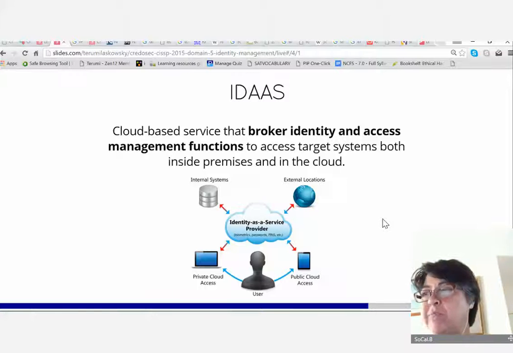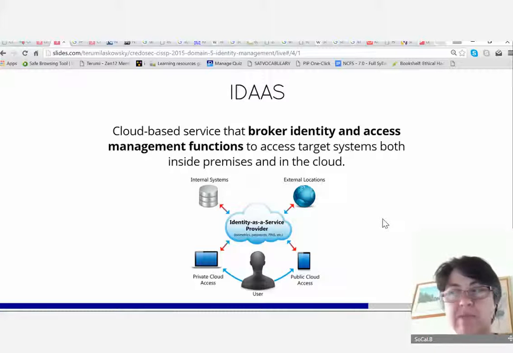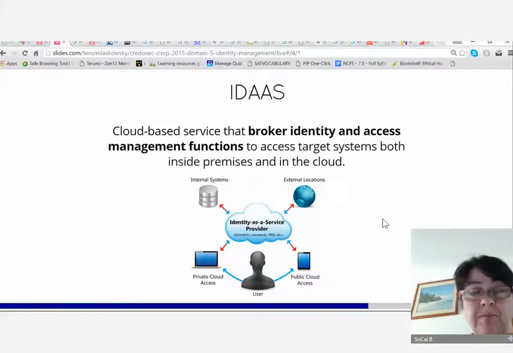So an identity as a service provider will handle biometrics, passwords, PINs, whatever, right? Whatever identity or factors you want to use, it will handle it. It will access internal systems and external systems. They integrate both, so they're very nice. Private cloud access, public cloud access, what have you. So it's truly a cloud, isn't it?